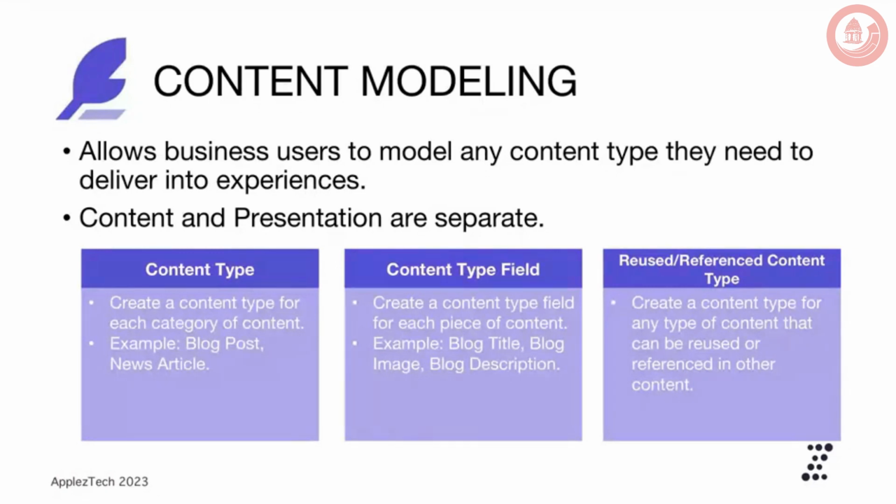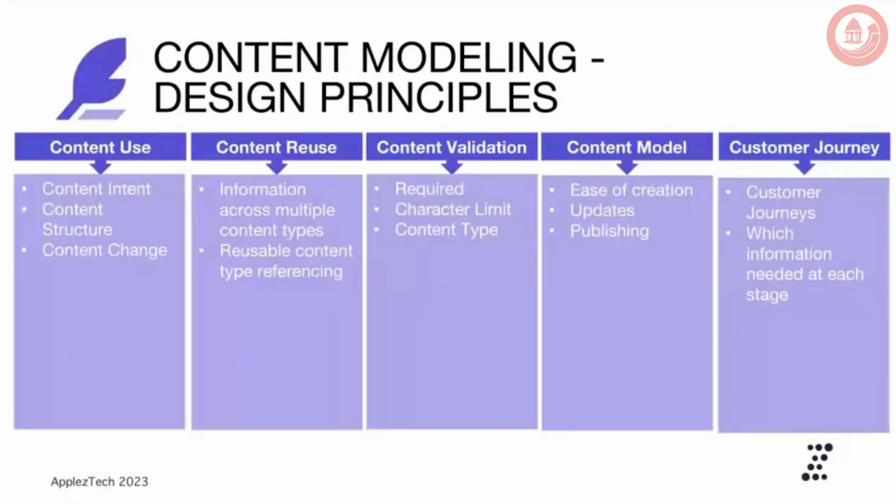So when they build these content types, they need to understand the concept of referencing, or what we call traditional inheritance. How can they build content types that can also be referenced from other types to build more and more mature content models?